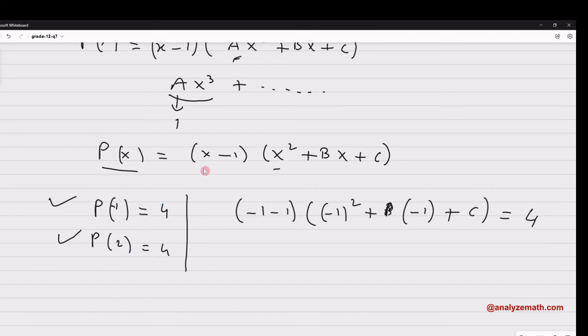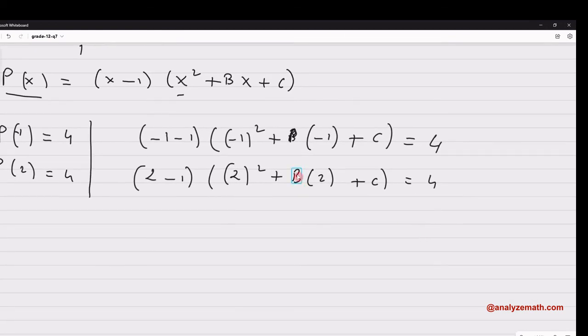Second one, p of 2, we put x equal to 2: (2 − 1)(2² + b × 2 + c) equal to 4 again. So we have 2 equations, 2 unknowns, b and c.